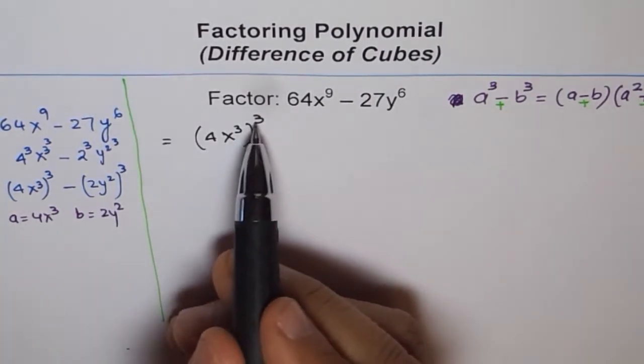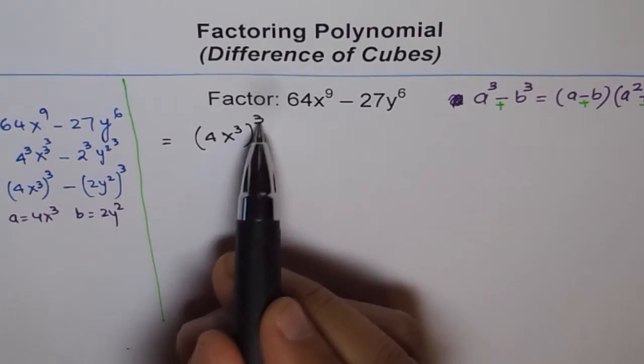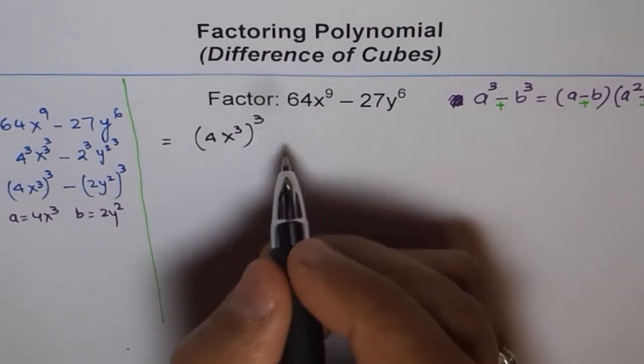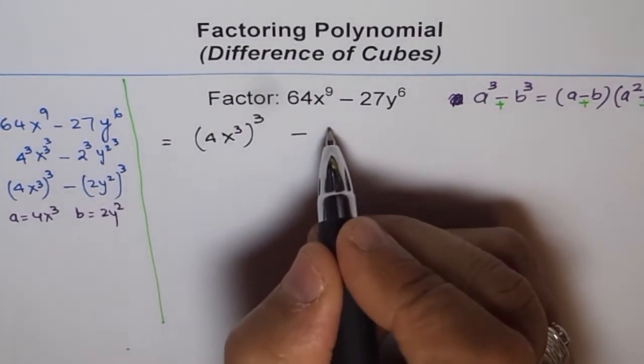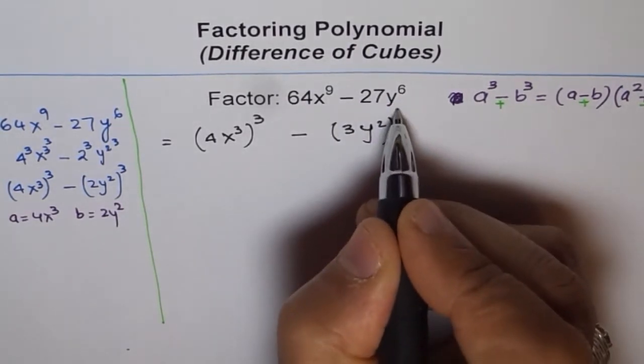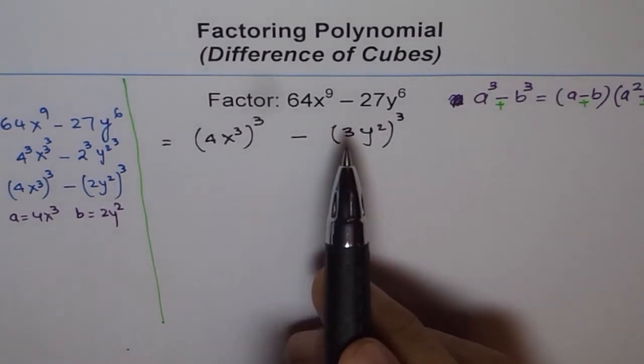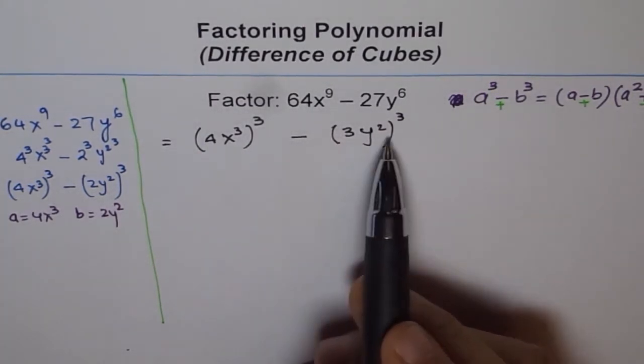If I open this up, I get 4 cube, which is 64, and x to the power of 9. So it is equivalent. Minus, for 27y to the power of 6, I'm writing 3y square whole cube. So what I wrote is the same, in the form of difference of cubes.